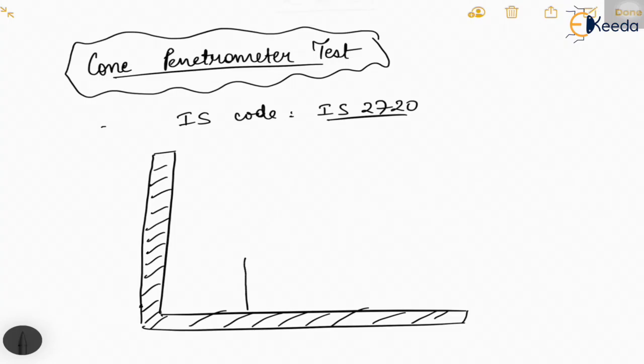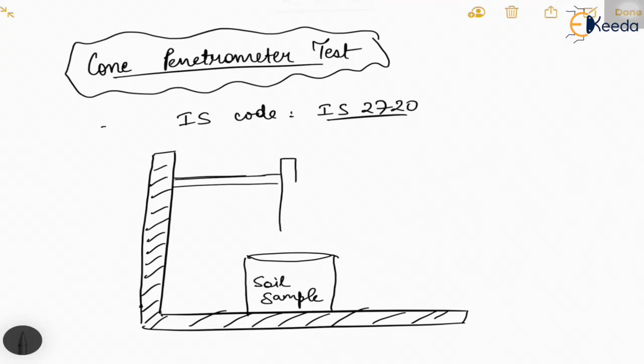What is done is that in a cylinder the soil sample is placed, and above it a cone is mounted vertically and is allowed to penetrate into this soil mass.